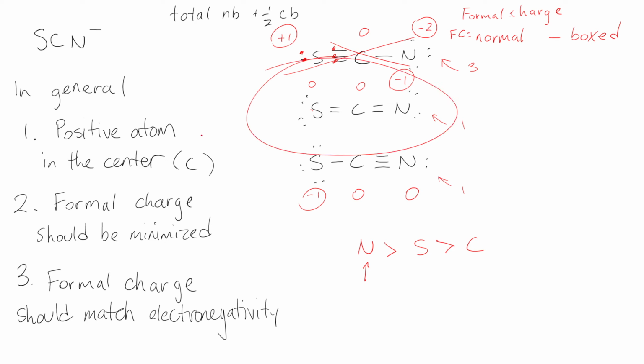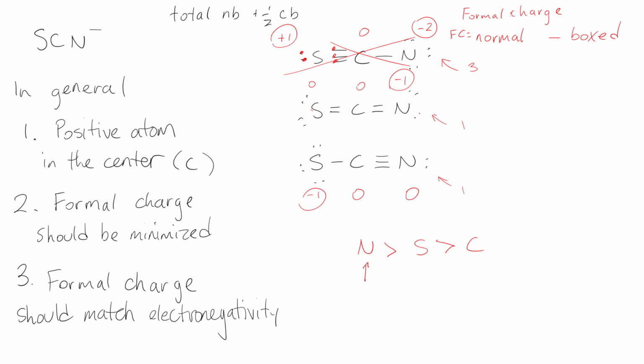This is most likely going to be the best structure here. Now, one caveat here is that sulfur and nitrogen are actually very close in electronegativity, and so both of them are going to be contributing, but it doesn't particularly matter for this example.